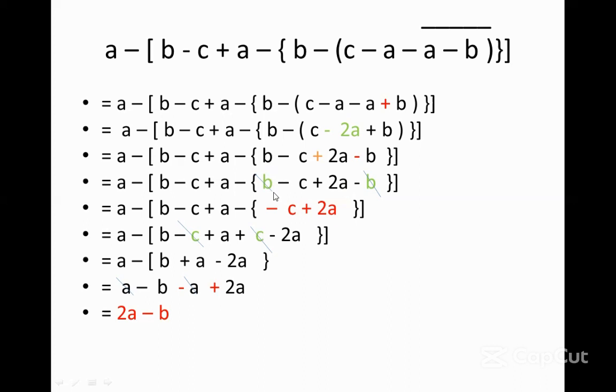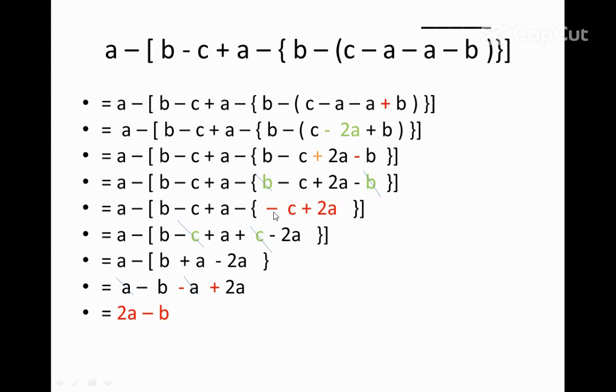I have removed it in next step to keep you understand about this. Okay, now here this is minus c, then plus 2a, which is in red color. This is remaining. Again, outside the bracket we have minus sign, so the sign inside the bracket will be changed.